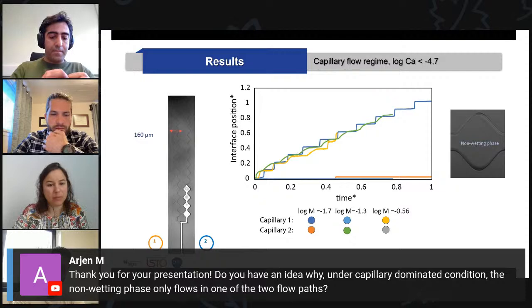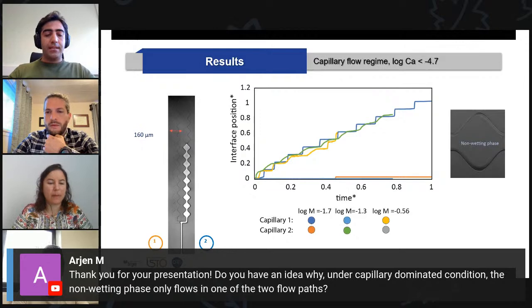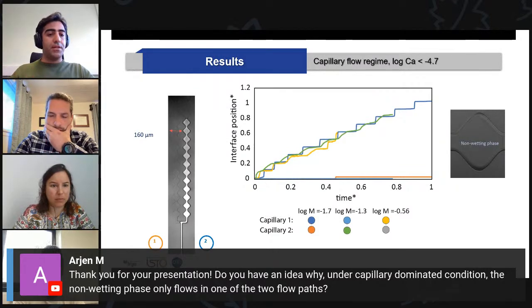Maybe there is a small difference between these capillaries that can change whether the meniscus can invade the pores or not. And when the meniscus reaches the pore body, the capillary pressure reduces here, and it can completely damp the invasion in the other capillary as well.